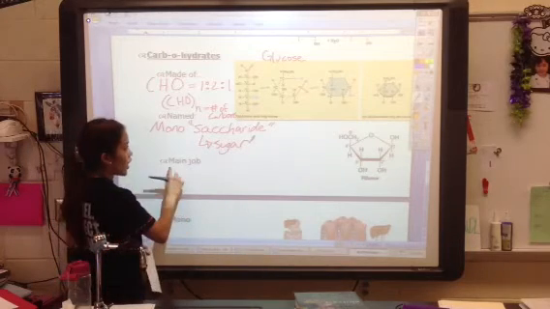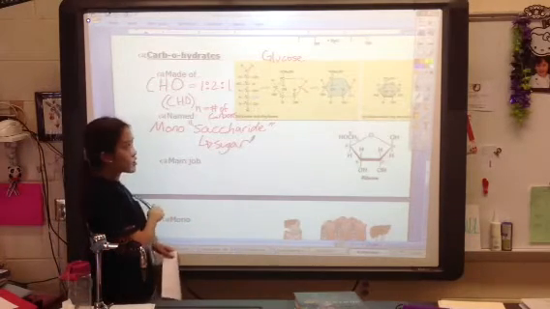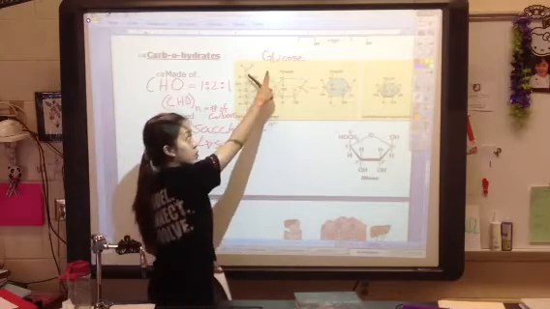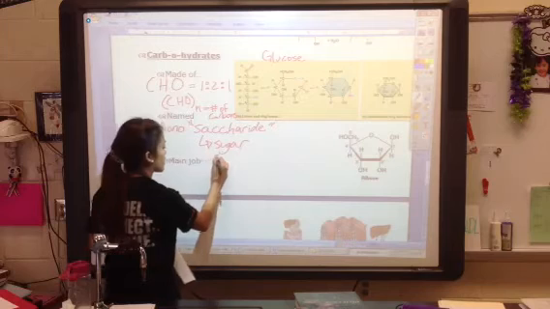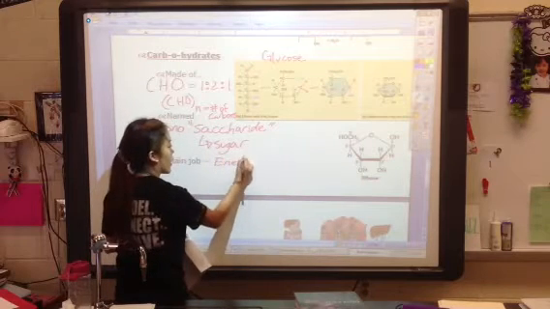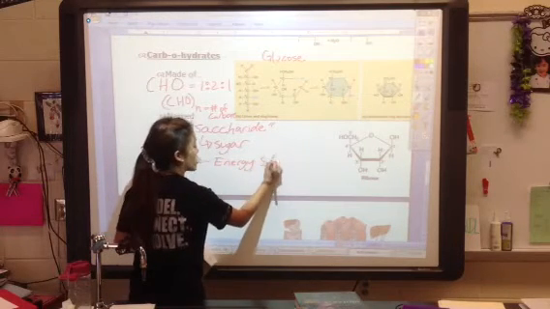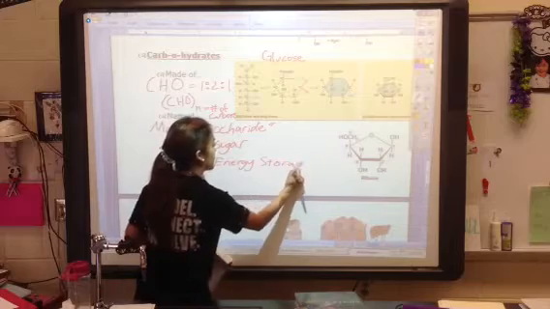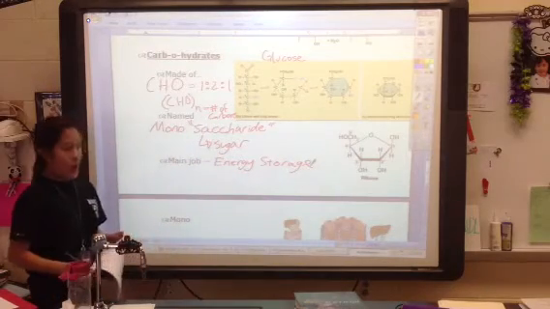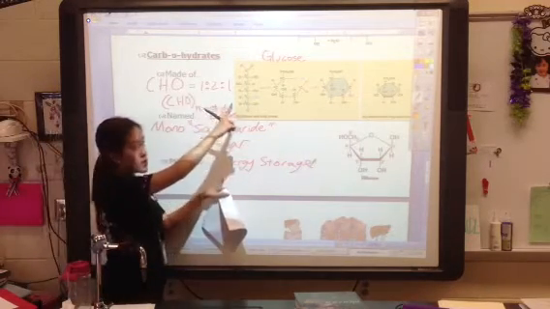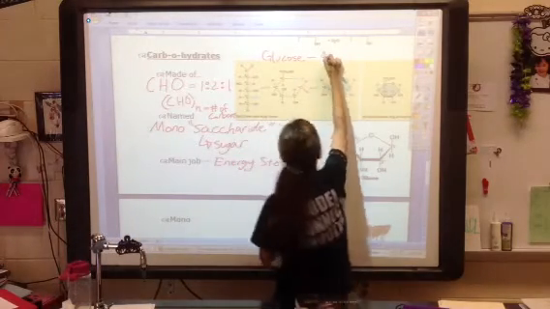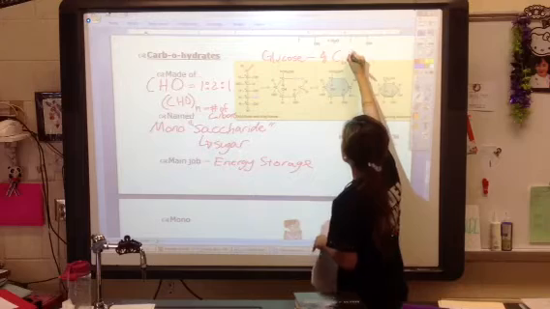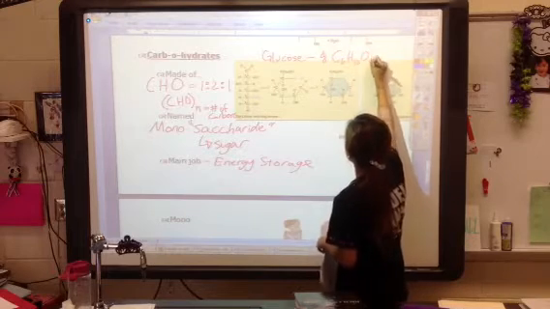The main job of a carbohydrate, and the main job of glucose, one of the most important carbohydrates for us, is that it stores energy. So, energy storage. Okay? And that would be our glucose molecule, which, just a little reminder for us, the chemical formula for glucose is C6H12O6.